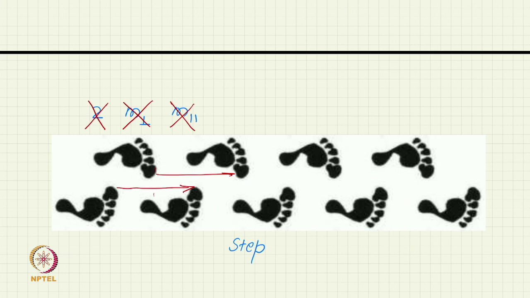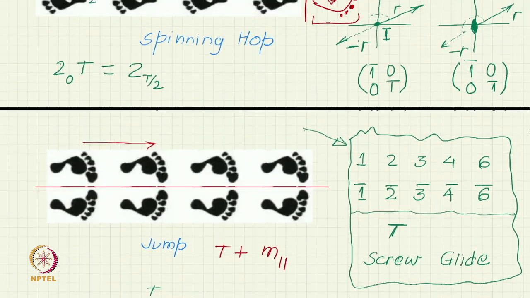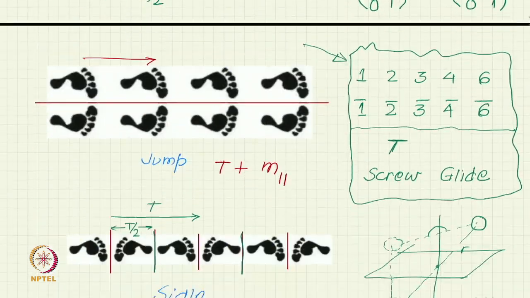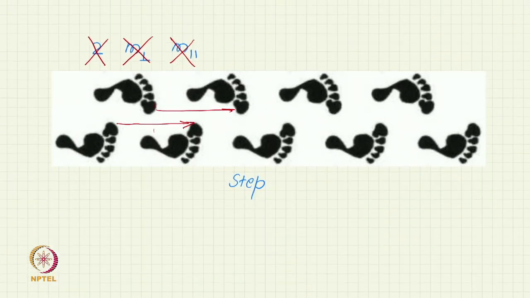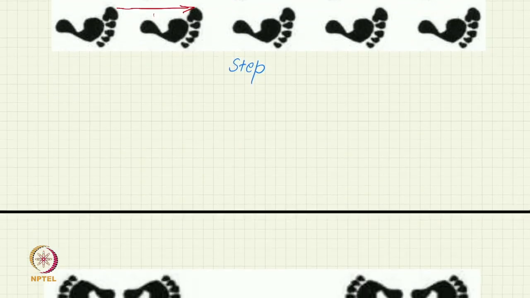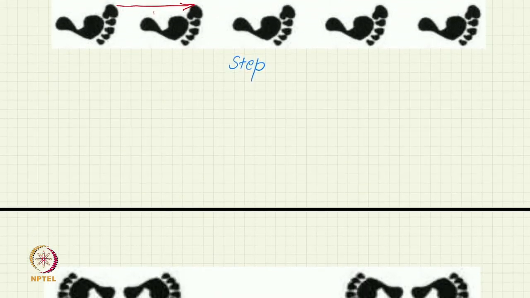So, then we say that a step is having the same symmetry as the hop, but that looks a little far-fetched, because internally we do feel that this pattern is showing something more symmetry than a hop. Even without the lower row, it was a hop with the left foot, or even without the upper row, it was a hop with the right foot.